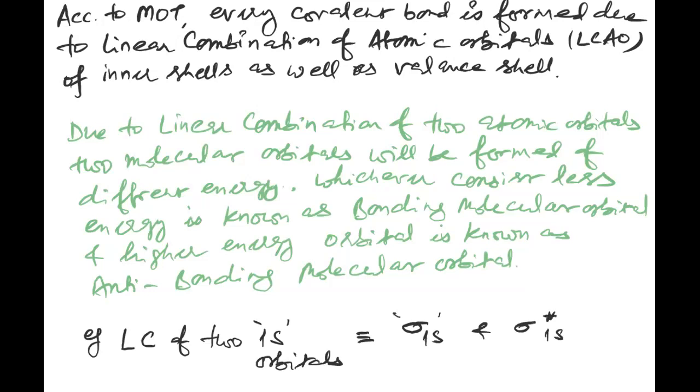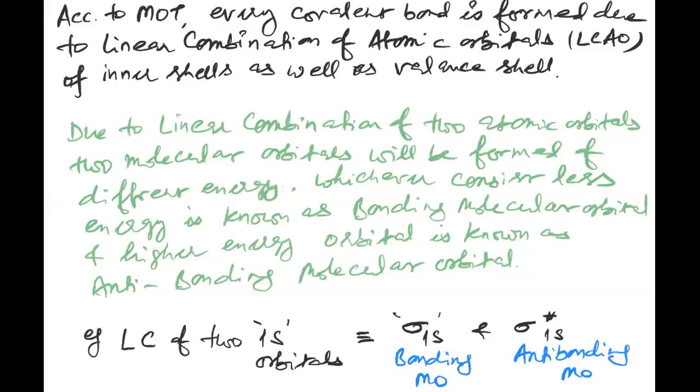According to valence bond theory, an s orbital can form only a sigma bond. So sigma 1s is the bonding molecular orbital, and sigma star 1s is the anti-bonding molecular orbital. The anti-bonding molecular orbital consists of relatively higher energy.